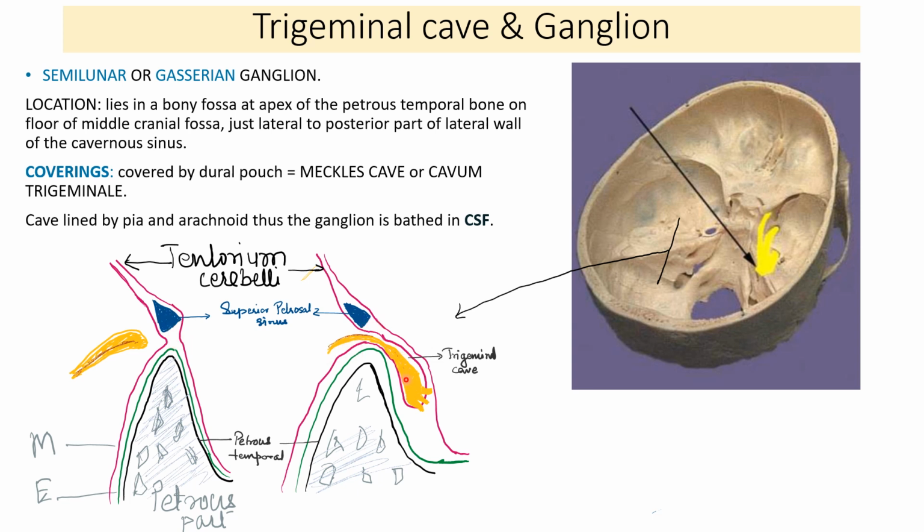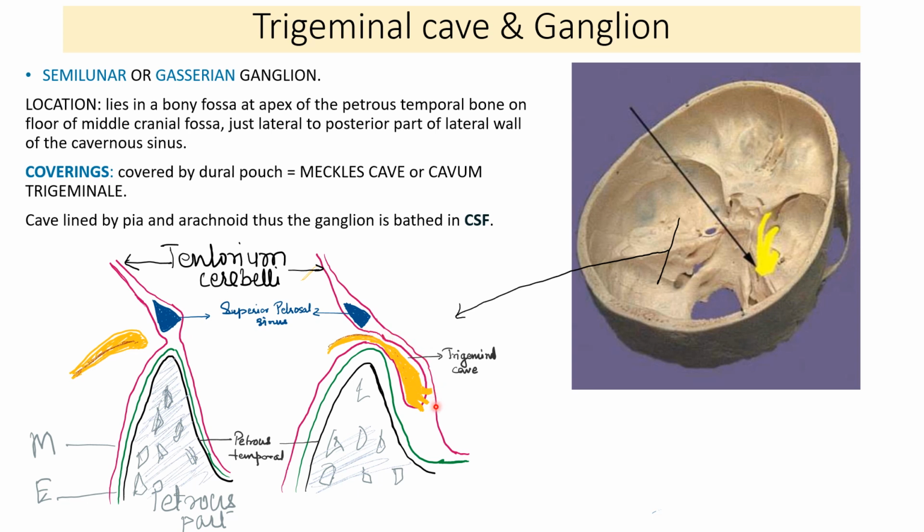So it is like this. It is making this pouch of the dura mater under the meningeal layer, which is already lining the middle cranial fossa. It also carries a layer of arachnoid mater, so that means it is surrounded by the CSF all around when it is in the trigeminal cave.